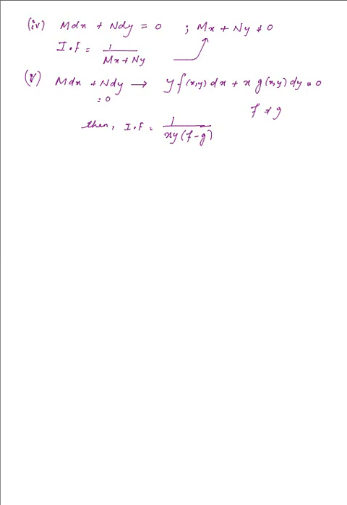So if we have xy, in case f was equal to g, then those two terms would have been common, and with the 0 on the right hand side, they would have vanished. But in this case, we have the integrating factor equal to 1 by xy times (f minus g), and if you observe it closely, it is simply equal to 1 by Mx minus Ny, as M was equal to yf, that was multiplied to x, and N was equal to xg, that was multiplied to y in the denominator there.